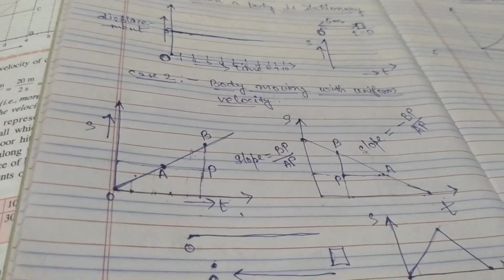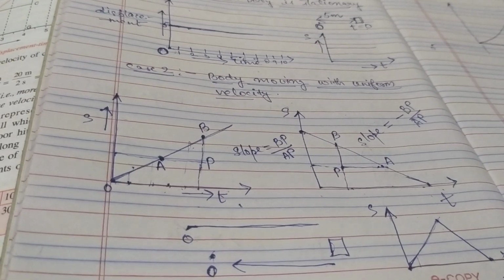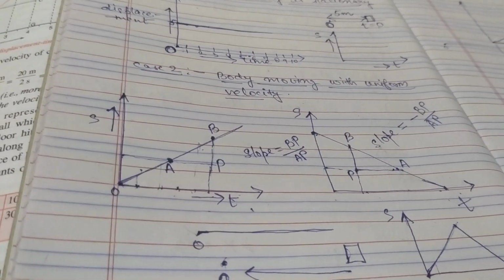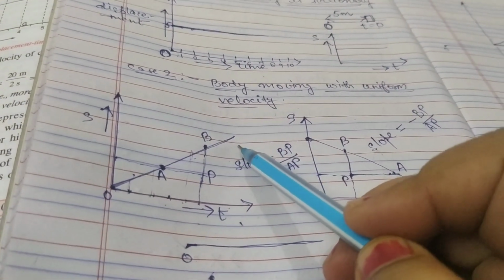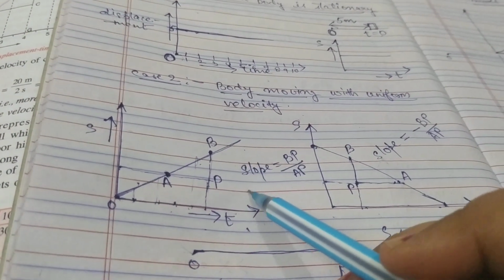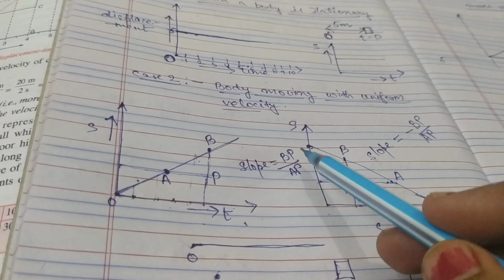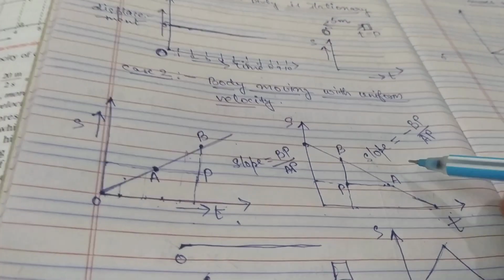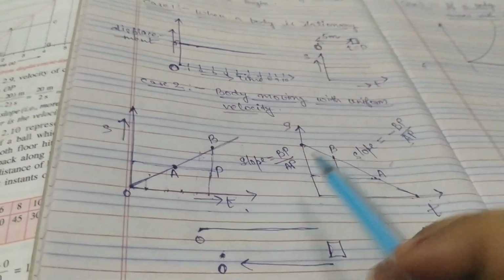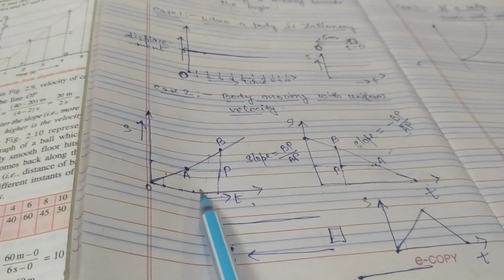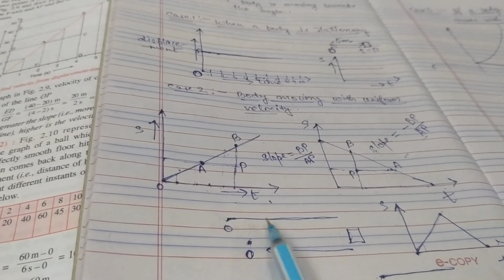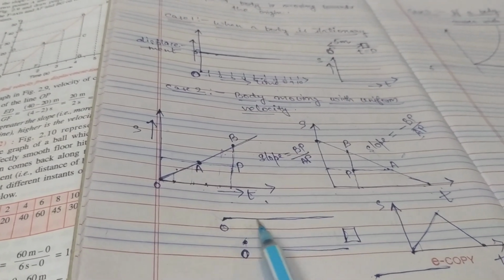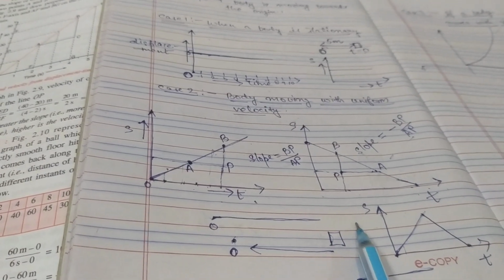I'll give you another small lecture on this so that you'll understand it even better. For now, you just know that this type of a line where displacement is increasing gives a positive slope, and where the displacement is decreasing gives a negative slope. And in this graph, the body was moving away, displacement was increasing, no? So the body was moving away from the origin.